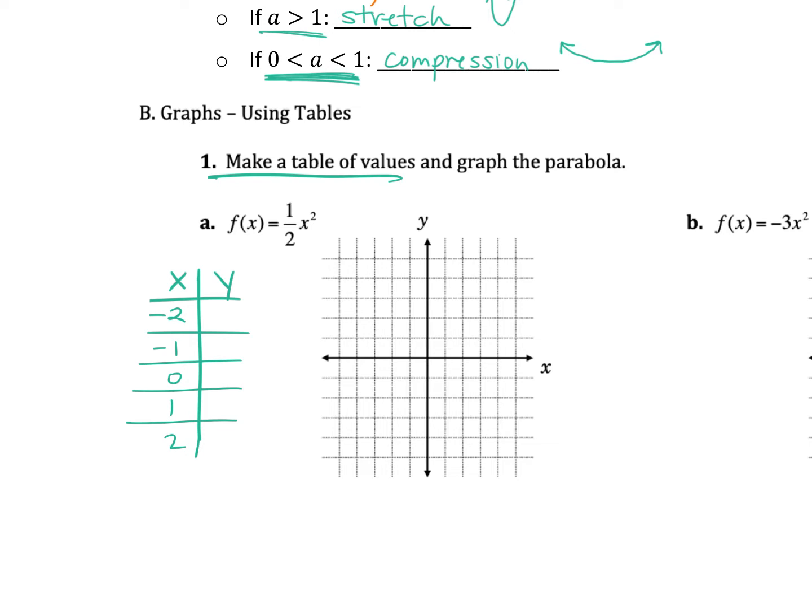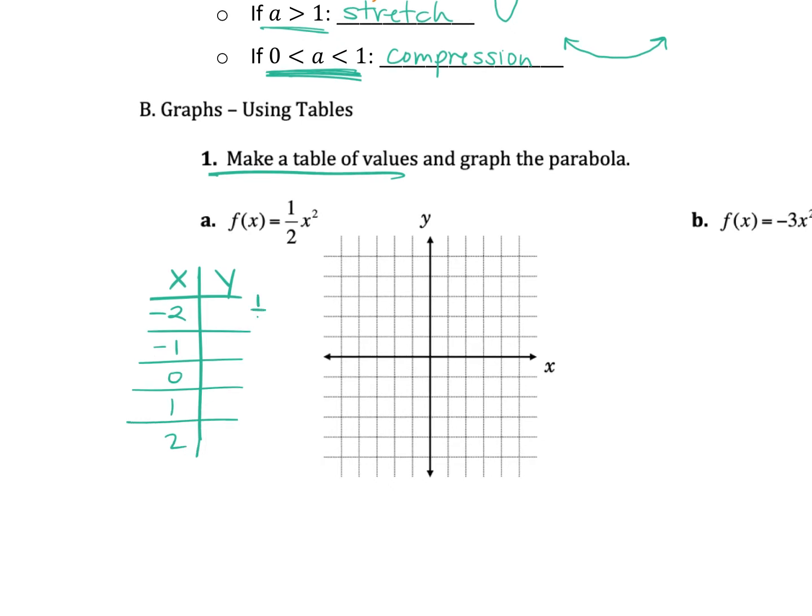All right, so if this is my table of values, then I'm saying f of -2 is 1/2, parentheses matter, times -2 squared. All right, I'm just plugging in that x value right here. What's -2 squared? A +4, okay?